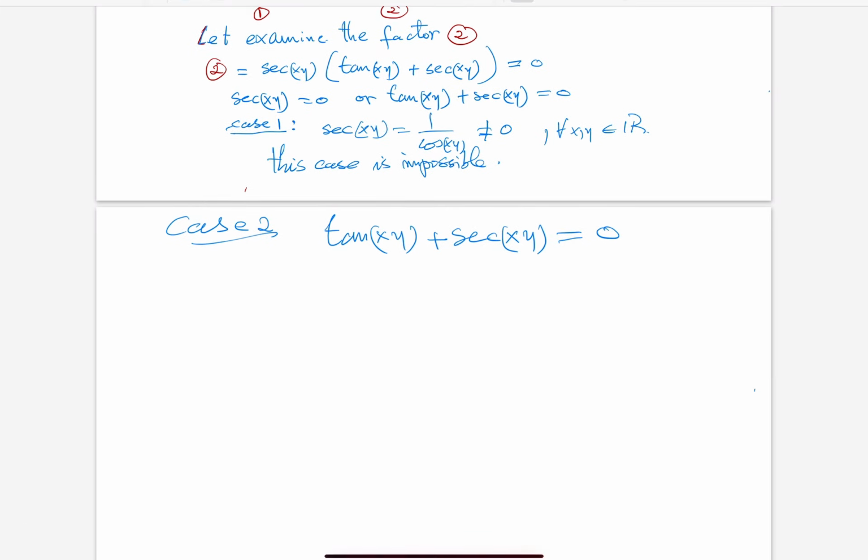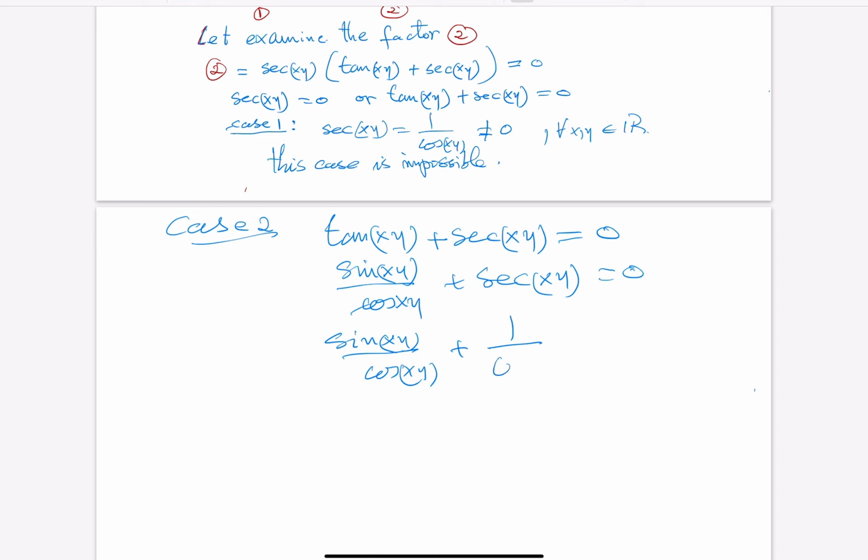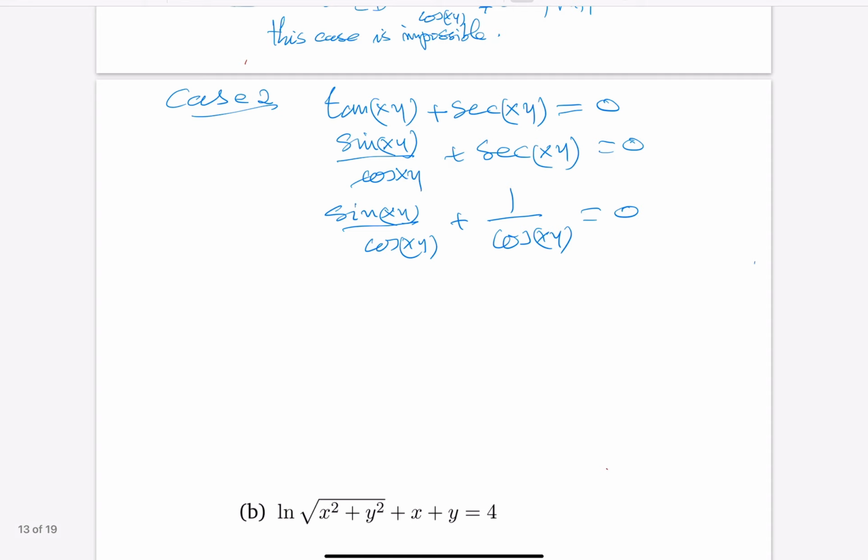And now you get, tan is sine over cos. You have sine xy divided by cos xy plus secant of xy equal to 0, and it is sine of xy over cosine xy plus 1 over cos xy, and this one equals 0. So here you can have sine of xy plus 1 over cos xy is equal to 0.